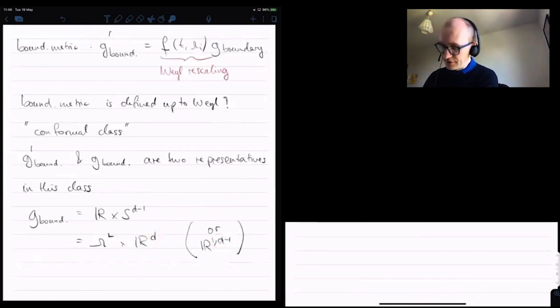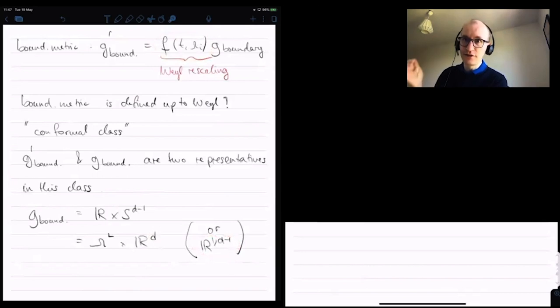So what I'm telling you is that it is very natural to think of the boundary of ADS as being r times S^(d-1). But in fact, it is equally natural, you can find some rescaling, some alternative function f here, such that if we went through the same procedure before, we would have actually discovered that the boundary is not r times S^(d-1), but just d-dimensional Minkowski space, so flat space.